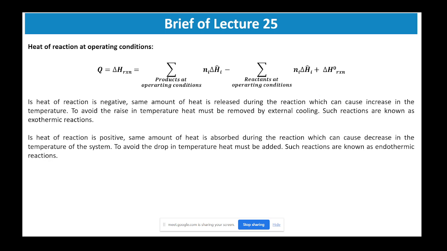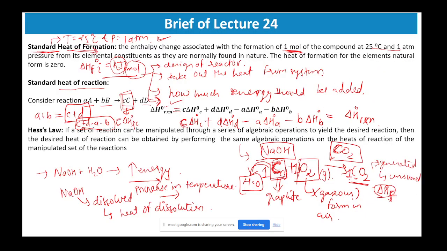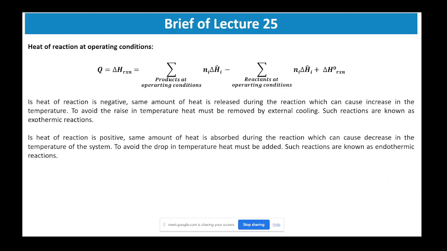Now moving forward, all that I was talking about was at standard conditions. For any industry, the reactor is not always operating at standard conditions, which is T equals 25 degrees centigrade and P equals 1 atmosphere, because the operating conditions in the reactor depend on the nature of the reaction and also the economics.